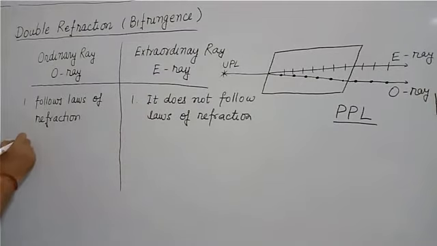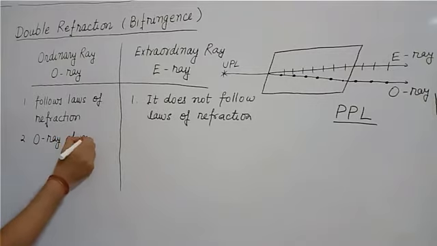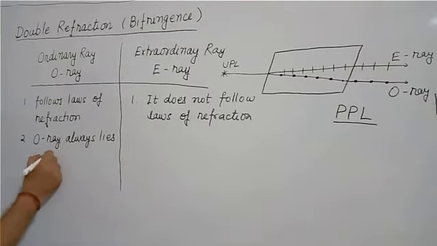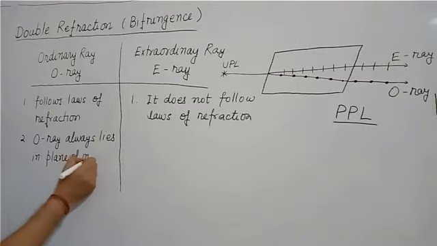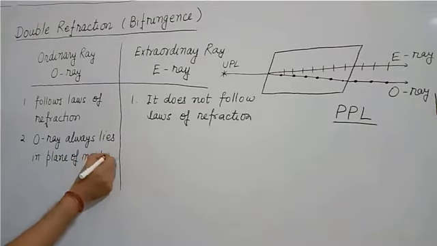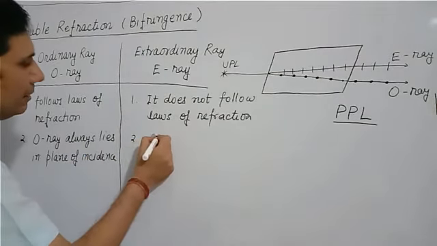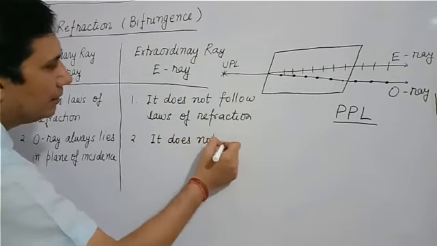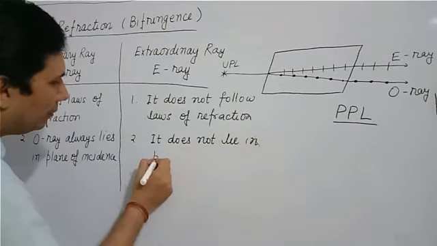The second important difference is that the O ray always lies in the plane of incidence, while the E ray in general doesn't lie in the plane of incidence.